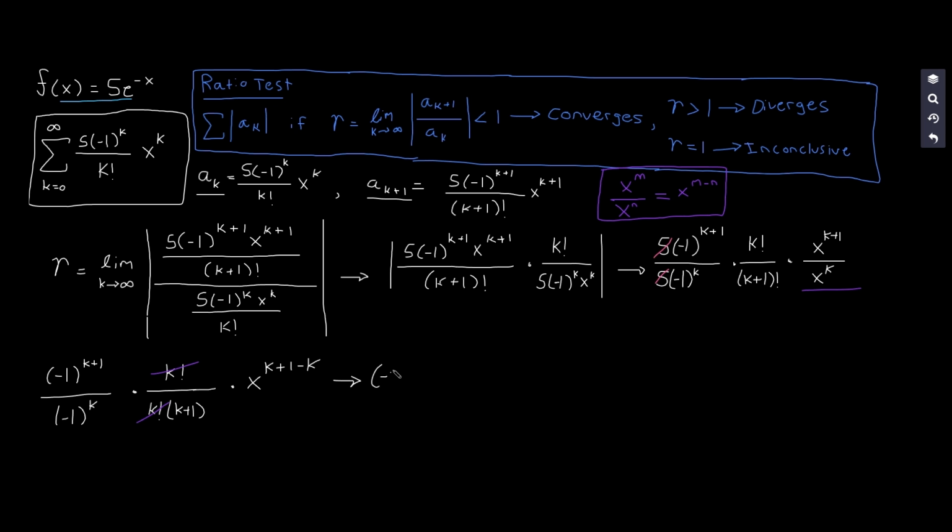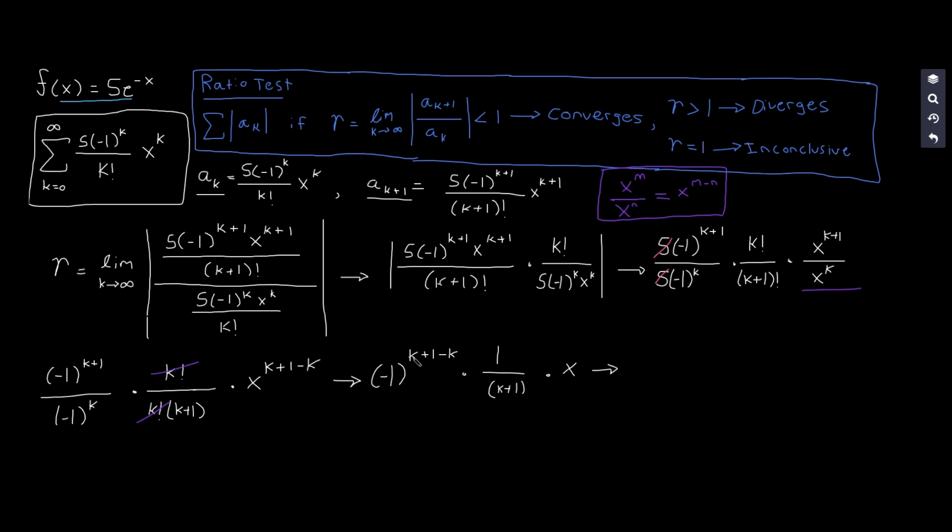But basically, the same thing is going to be applied here, the law of exponents. So negative 1 raised to the power of k plus 1 minus k times, this is going to be 1 over k plus 1 times, well, that's just going to be x.